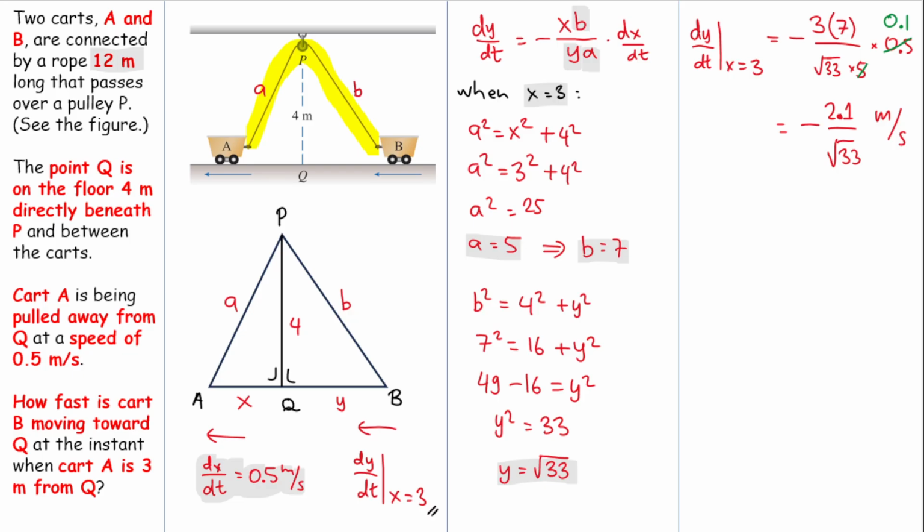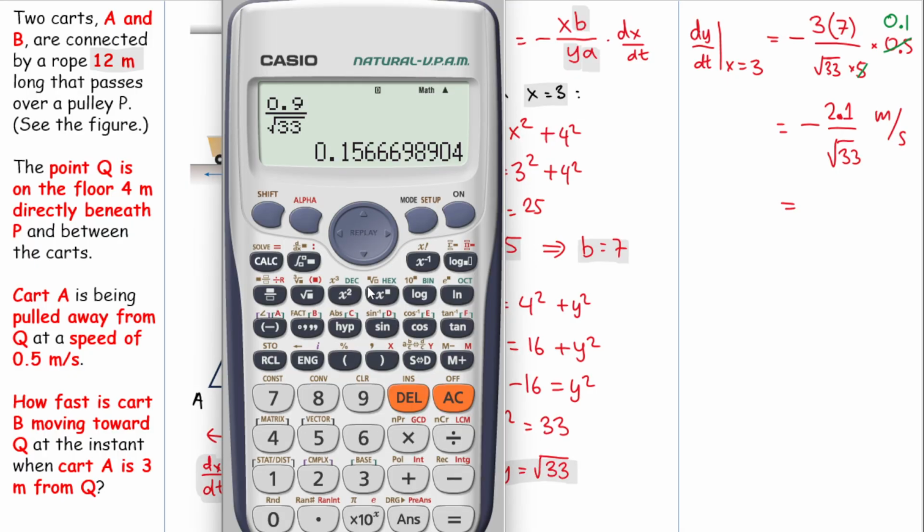Okay, but I don't think I'm satisfied with this one. I want to plug this into a calculator and get the decimal value. Okay, let's use our calculator then. Where is my calculator? Yeah, this one.